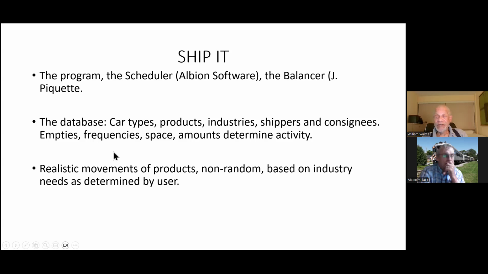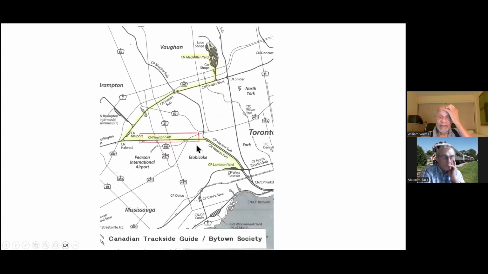And once you've set up your database and you've set up your industries, if you don't make any changes, for example, if you don't introduce a new industry or a new product, you can operate for years. The system remains balanced and it runs smoothly with no problem from one session to another. And all you have to do is print your switch list and the other paperwork. So we'll go on, have a look at some of the items.